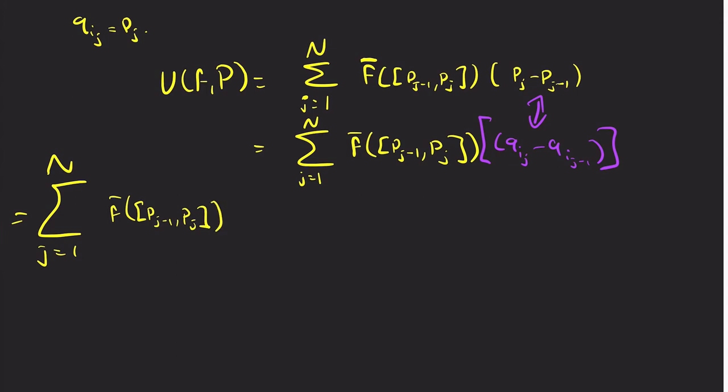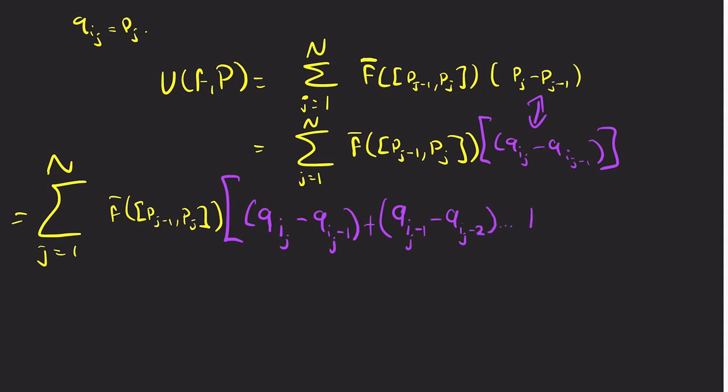Let's switch back to purple. And now I'm going to do a telescopic sum here. And I'm going to write this big to make these sub-indices more obvious. So this is q sub i_j minus q sub i_(j minus 1) on the top, plus we have to add it back because we subtracted it. q sub i_(j minus 1) minus q sub i_(j minus 2), and so on.